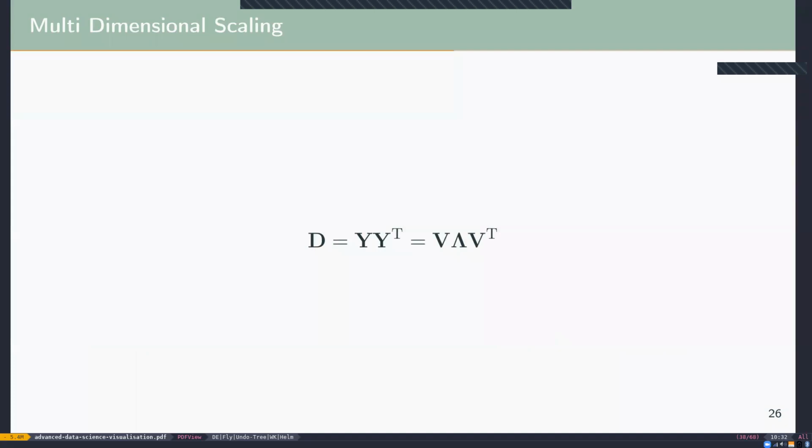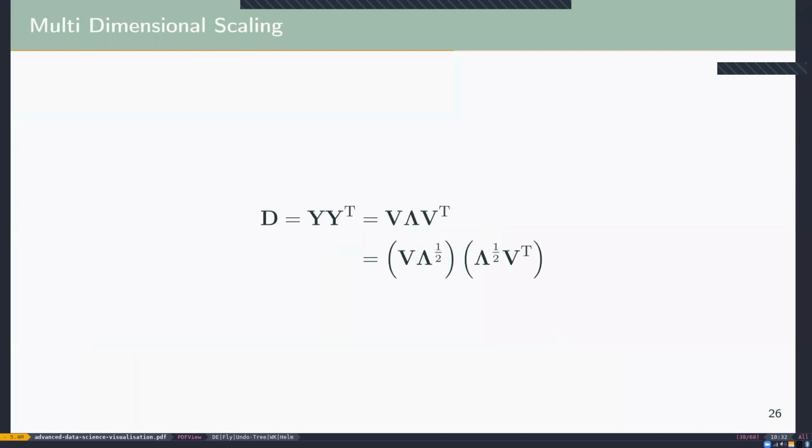So now I need to find the representation back. I say that D was this inner product of some representation that I want, which was equal to whatever eigen decomposition I picked, or the eigen decomposition of the proximity matrix. If I do this, now I can clearly write it like that.